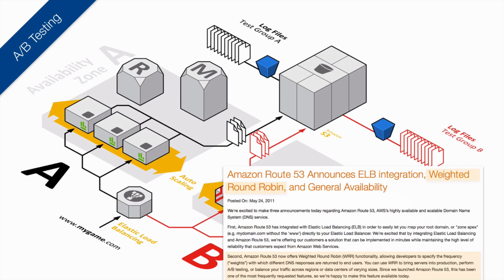Secondly, we have some features that are intended specifically to help people implement A/B testing workloads. One of those is something called weighted round robin on the Amazon Route 53 DNS service. This was announced quite a while ago, actually, back in 2011, but it allows you to specify the different weights with which different DNS responses are returned to end users.